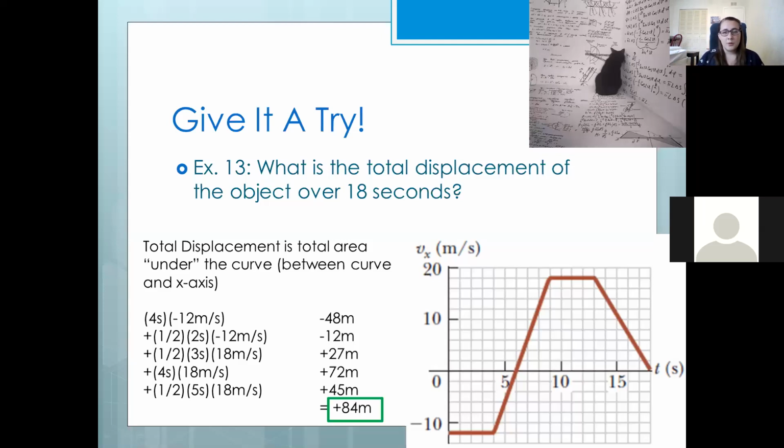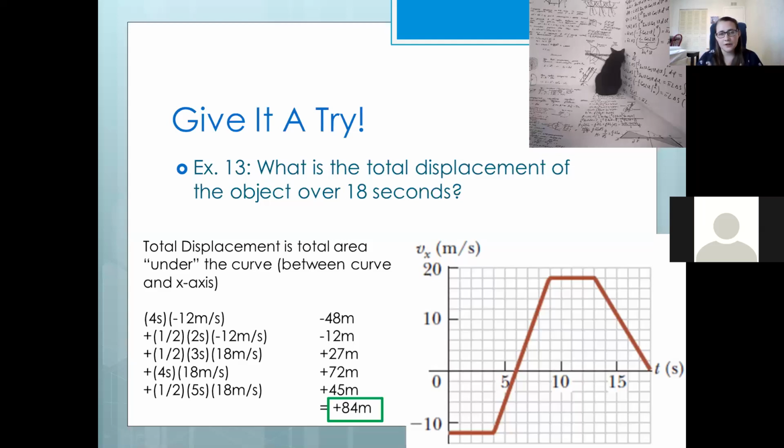So I had broken it down into 5 different sections, rectangles and triangles. And then we mentioned yesterday as well that we could just find the equation for the area of a trapezoid and use that instead to simplify the problem. So I did pull up that equation and add it into this PowerPoint. So it will be there when I post it on Canvas later today.